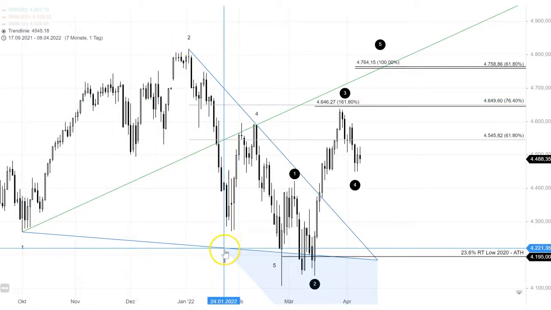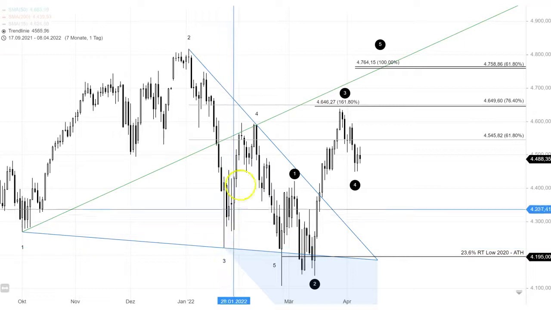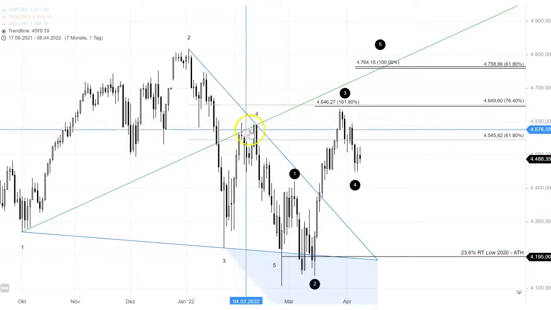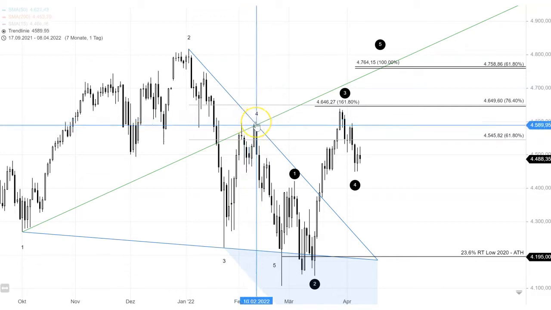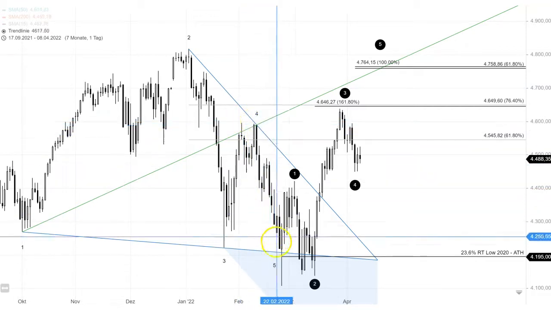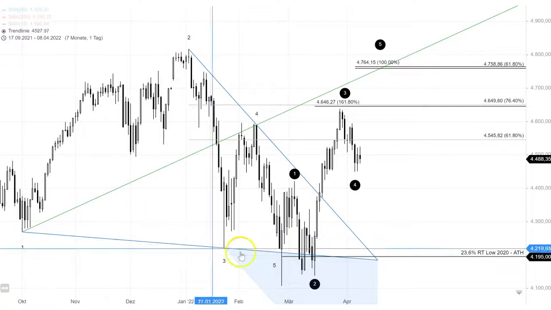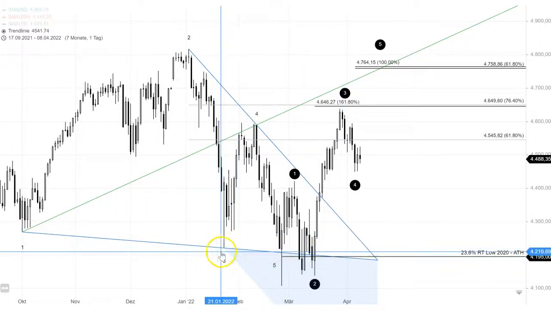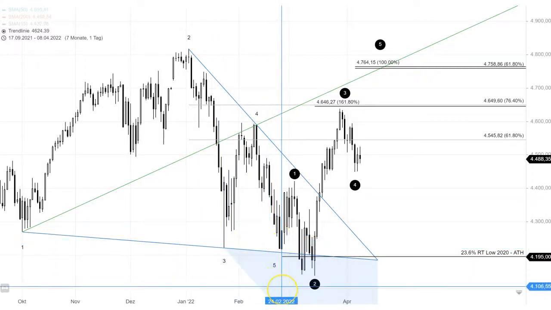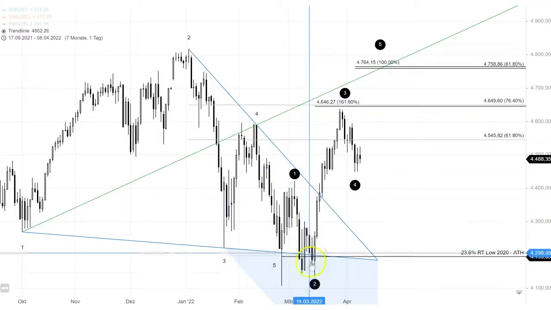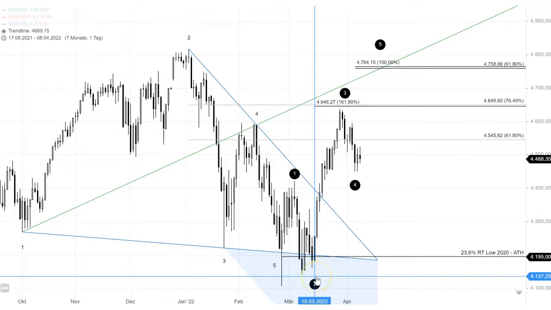So that condition was met, and then we need a lower high, which happened around here. So that condition was also met, and then it needs to be followed by a third touch on that line. In other words, we just need a lower low than that last low we made. So that happened as well, and we overshot like 1, 2, 3 times, but that's totally fine.